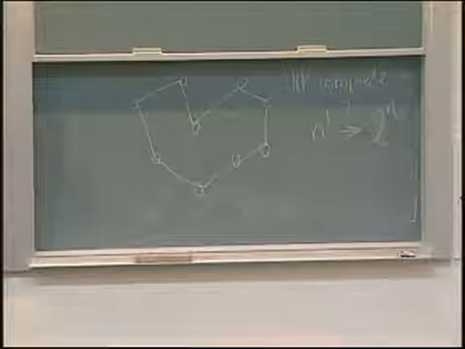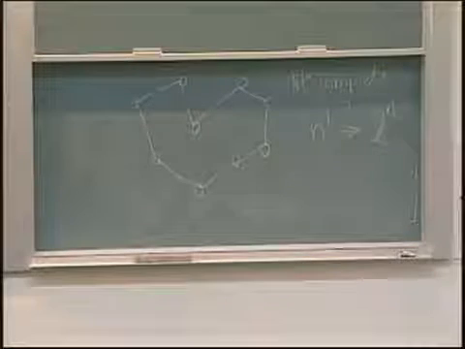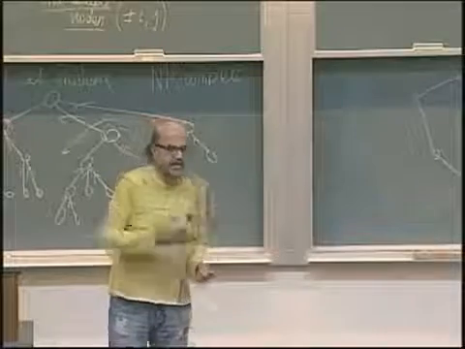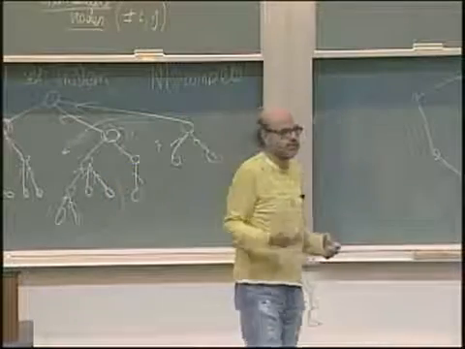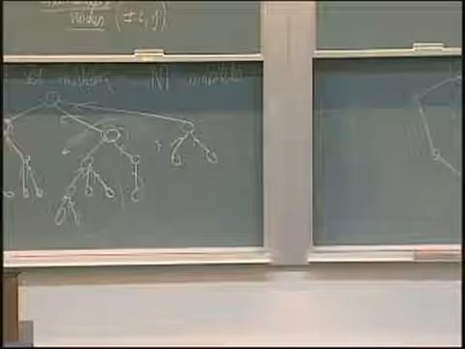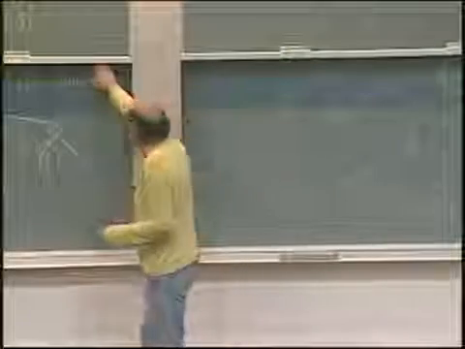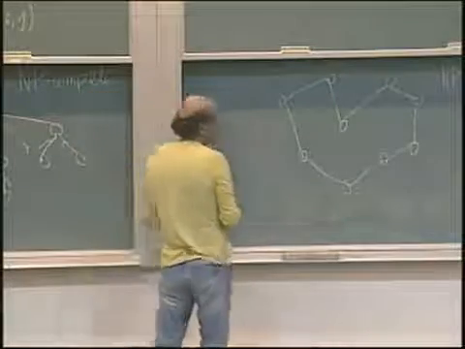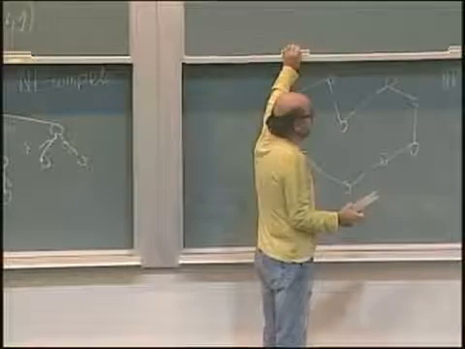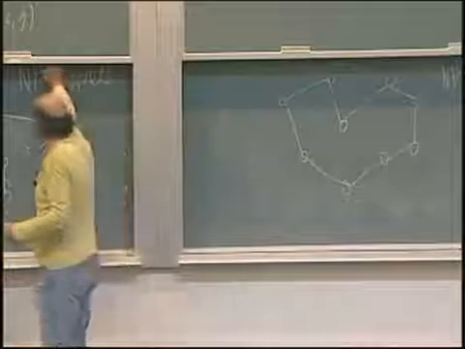But can I at least make it not harder than the independent set problem, which I know I can solve in 2 to the n, right? Can I make it into a lesser exhaustive algorithm, all right? And there is a clever algorithm that does that. It was discovered in 1970 by Held and Karp. Karp is Richard Karp, the professor here at UC Berkeley.